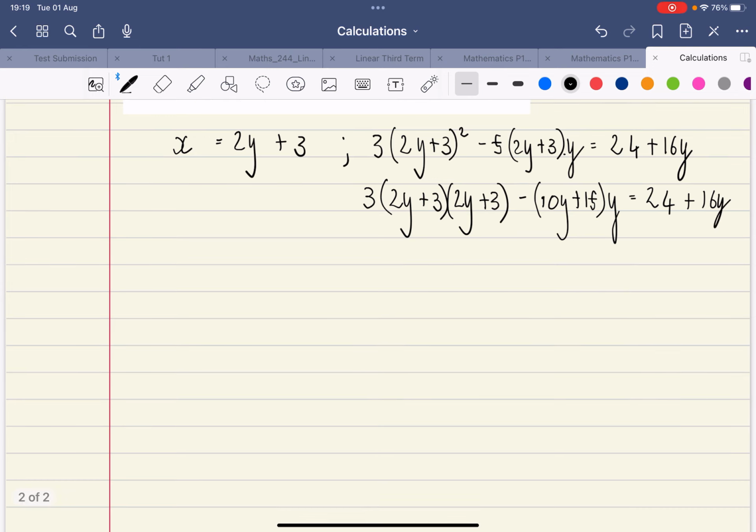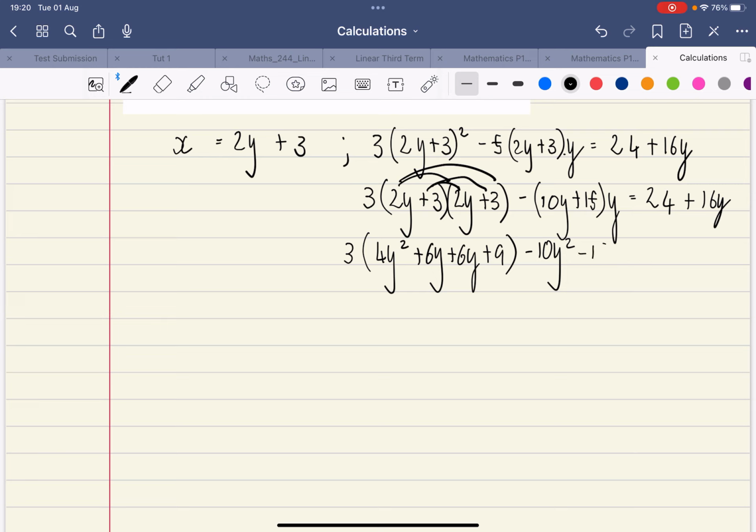So let's continue expanding. Do that and that. 4y squared plus 6y, this and this, 6y plus 9, minus, now let's do the minus and the y multiplied inside, so that will be minus 10y squared minus 15y, equal to 24 plus 16y.